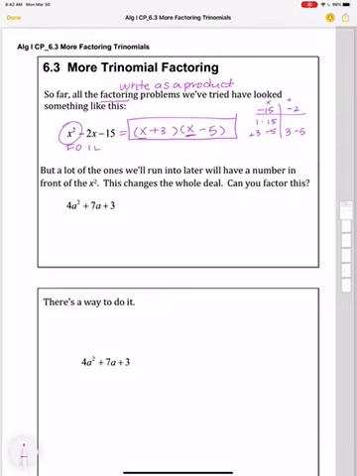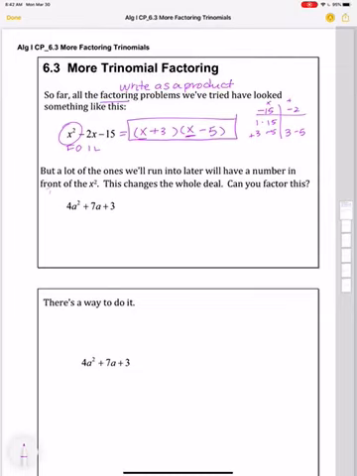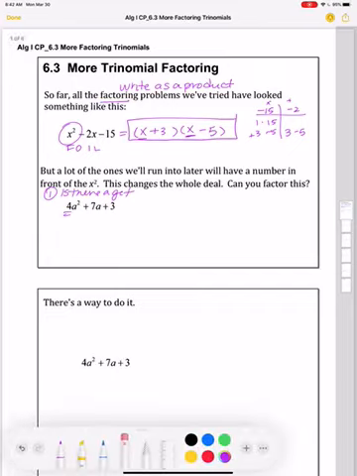We always check first to see, is there a GCF? And we hope that this 4 is a GCF that I can take out. But looking at 7 and looking at 3, it's not. I can't do that because 4 doesn't go into 7, and 4 doesn't go into 3. So it's not a GCF.